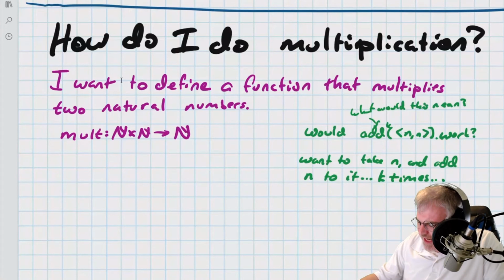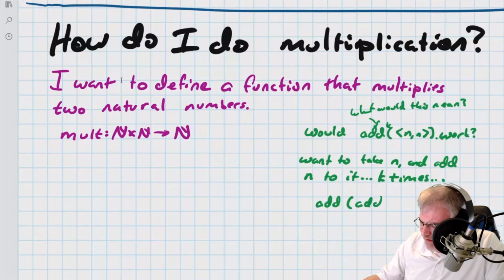This would kind of say I did add of n. Well, this first one would do n plus n. But then what does it mean to apply that to this, right? The inputs don't match.